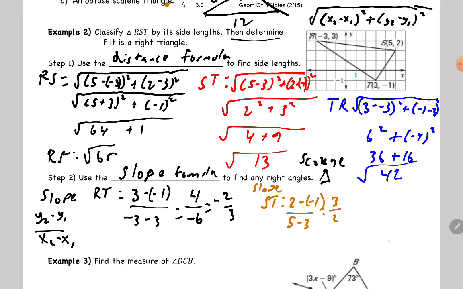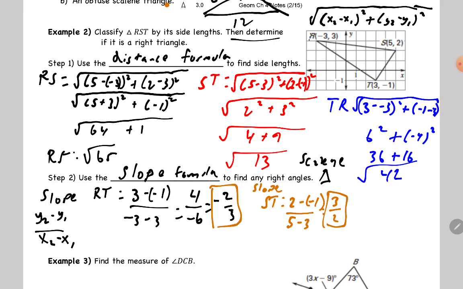Now I have to go find the slope of... actually, no, wait. If we look at these, negative 2/3 and 3/2, those are opposite reciprocals because they're flipped. And opposite means if it's negative, it becomes positive.